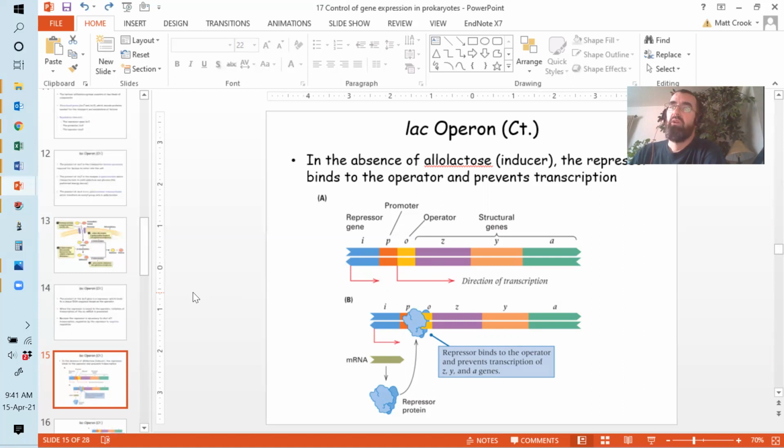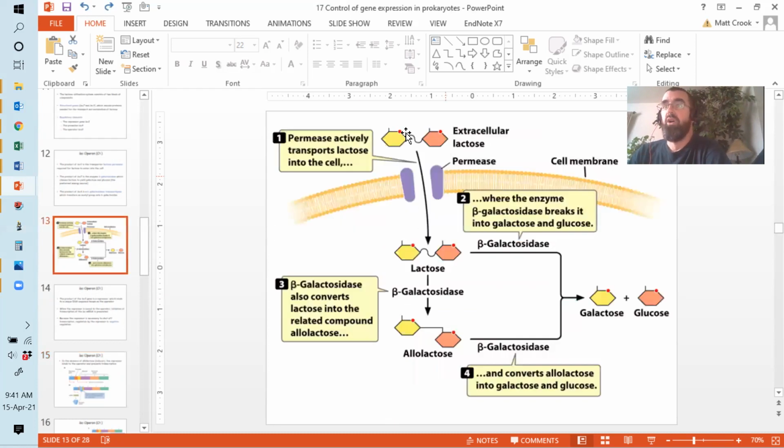And so essentially what we need to do if we're a bacterium is, if we're on a substrate or an environment where glucose is readily available, we'll use glucose because it's much more direct. Why bother going through all of this effort when you could just use this?